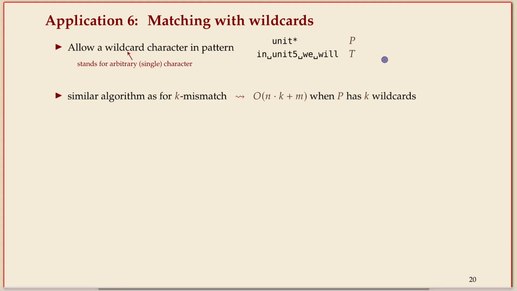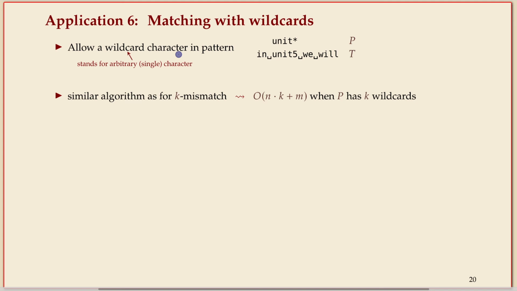As a last application for now, is a slight twist on essentially the same problem. We now allow a wildcard character in our pattern. So instead of saying I have a fixed pattern and I want to find inexact matches, I'm now saying I tell you exactly which positions in my pattern I don't care what character is there. So this is a wildcard in the sense that it can be replaced by any single character.